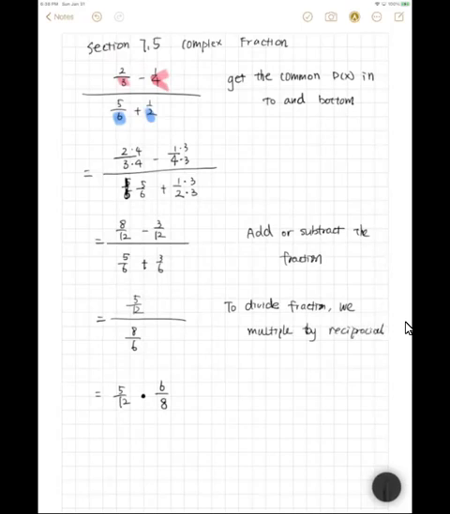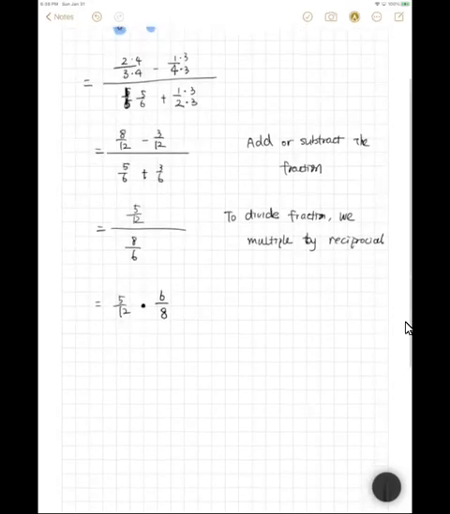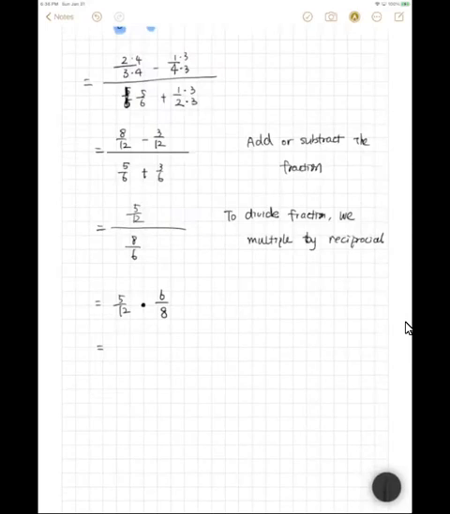Look, 8/6, the reciprocal would be 6/8. They flipped. So that is equal to what? Well, this is easier. Cross cancel 6, I have a 2, so I have 1 over 16. So that's it. It's not that hard.